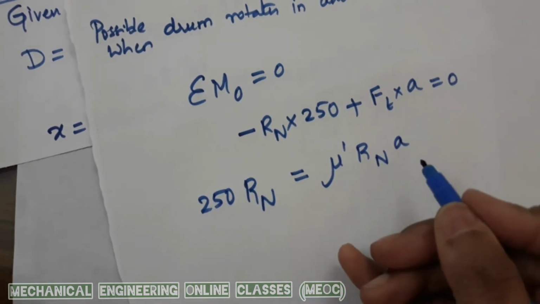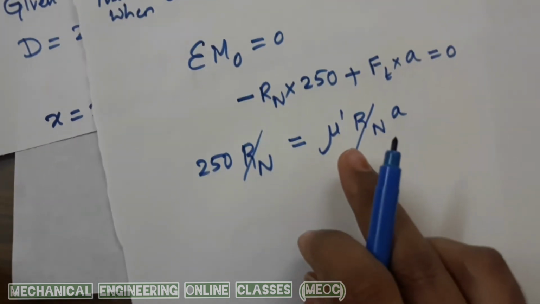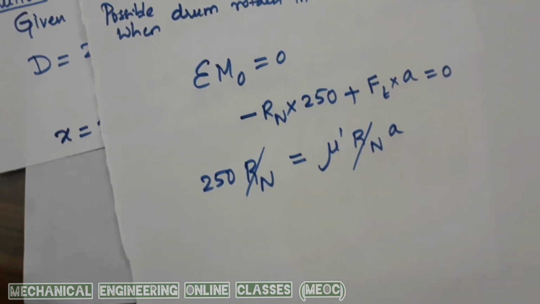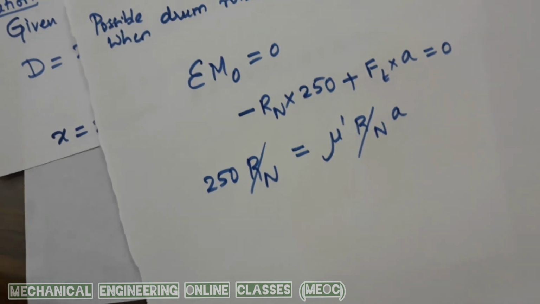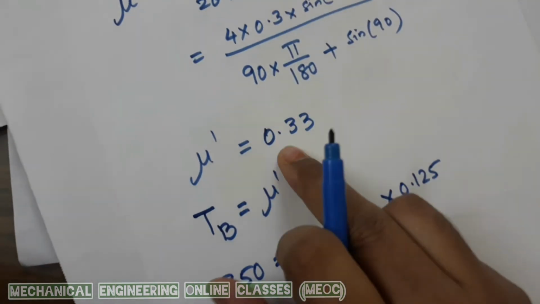Now I don't have to substitute Rn, I can simply cancel them out. Rn and Rn are cancelled. Mu dash is known to us. Mu dash is calculated, and we got mu dash as 0.33.